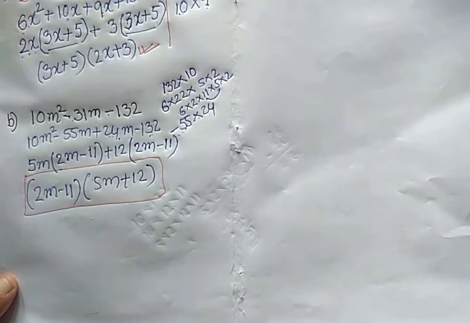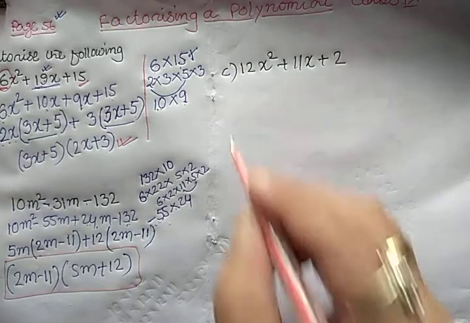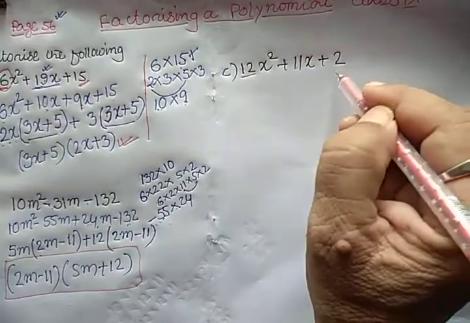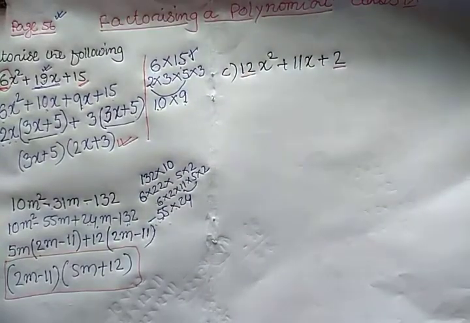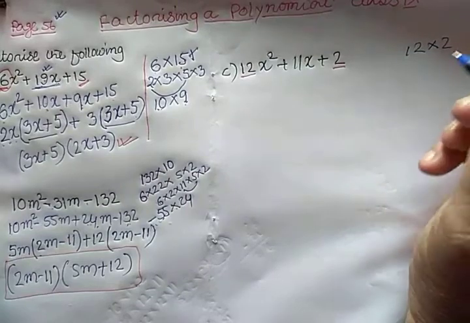Clear? So your next sum reads like this: 12x square plus 11x plus 2. What is this number? 12. What is this? 2. That means if you multiply, you should get 12 into 2, that means 24.